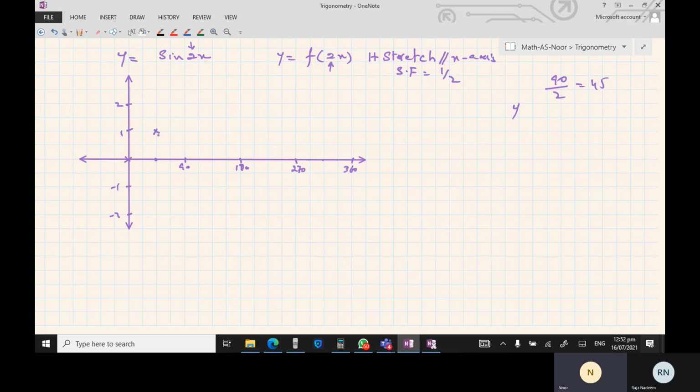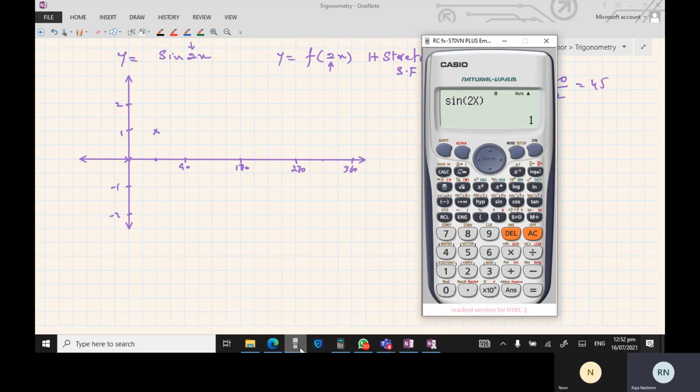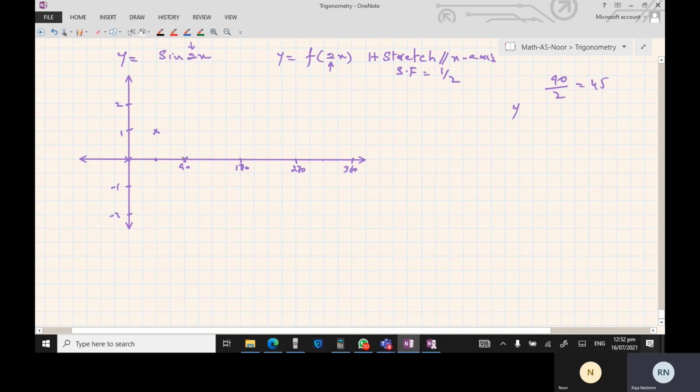Each time, by doing the same working, pressing the calculate button, the next angle is 90 and equal, you'll get 0. So likewise, when you take all the values, you'll get this kind of graph.